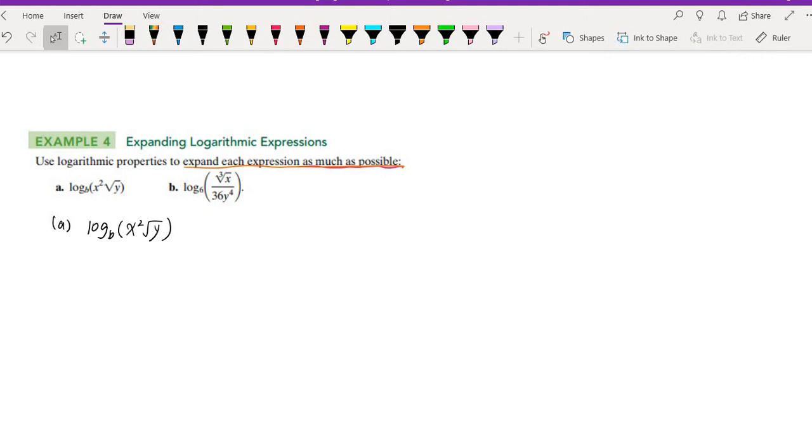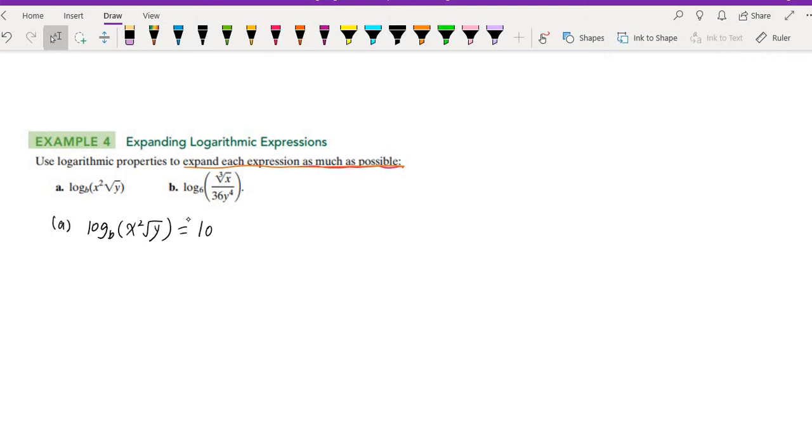If you look at this, first, inside the parenthesis we have x squared, we also have a square root of y. In between is a product. So we said if we have a product, we can use the product rule.